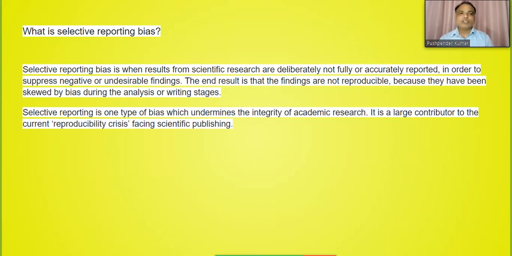It is a large contributor to the current reproducibility crisis facing scientific publishing. This is why you will not find something new or something people will criticize in social science, because in social science you become a bit biased and you don't disclose the real information, right?